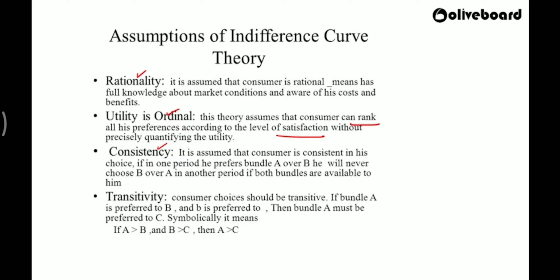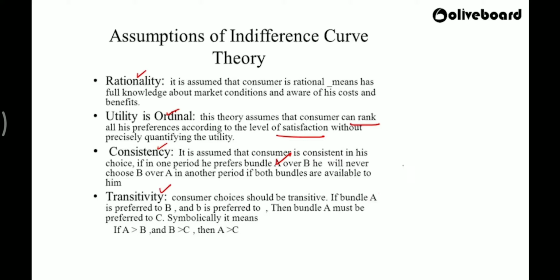Suppose both A and B are available to you and you have chosen bundle A in the first period; then in another period also you have to choose A. That is one of the assumptions in the indifference curve theory. You should not keep changing your preferences; you must be consistent. Next one, transitivity, which means a consumer's choices should be transitive.